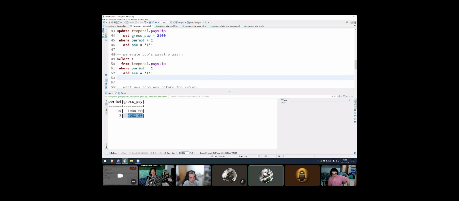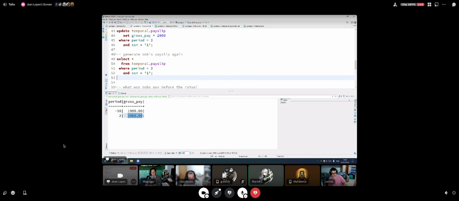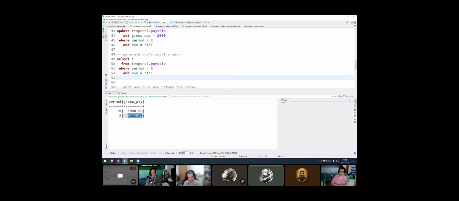Yeah. The way I like to think about it, and I have some experience with this from messing with Datomic, is that the system time or the transaction time models when we learned about a fact.